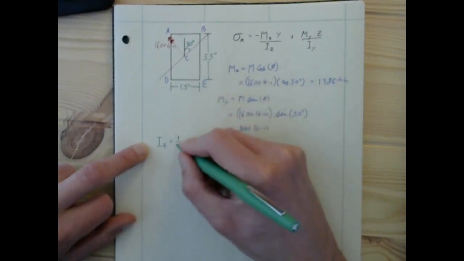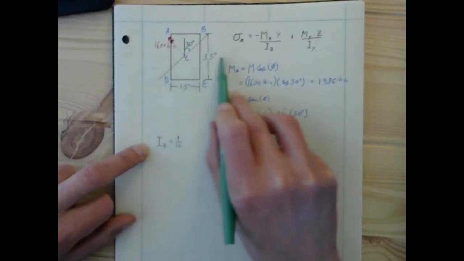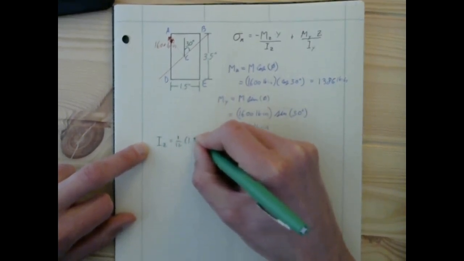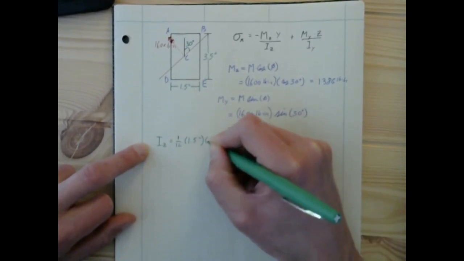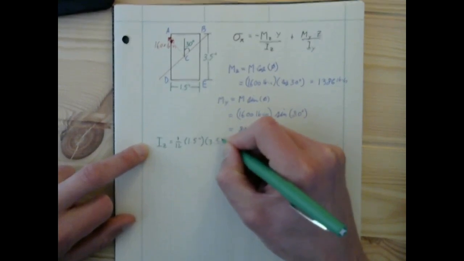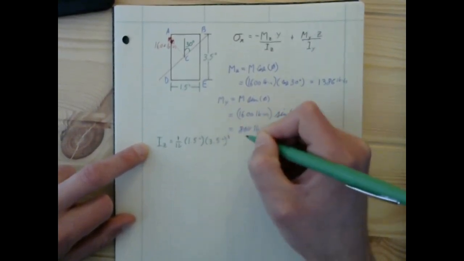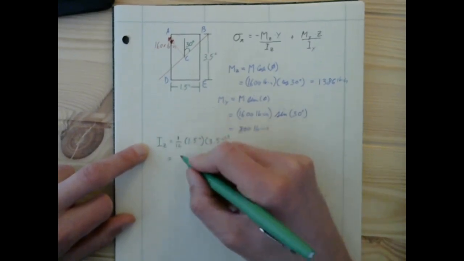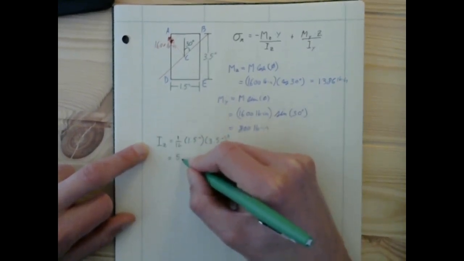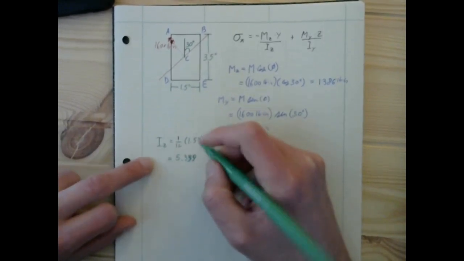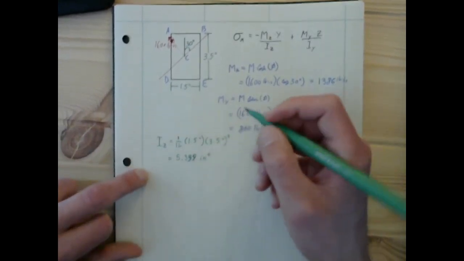So 1/12 about the z axis, the breadth will be 1.5 inches, and the height will be 3.5 inches. And that's going to give us 5.359 inches to the fourth.